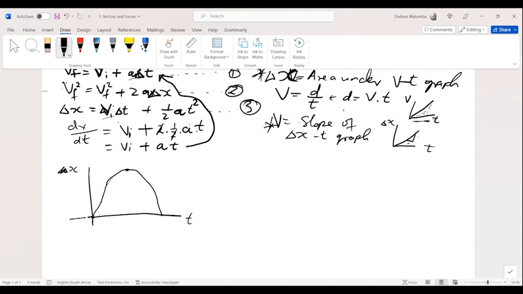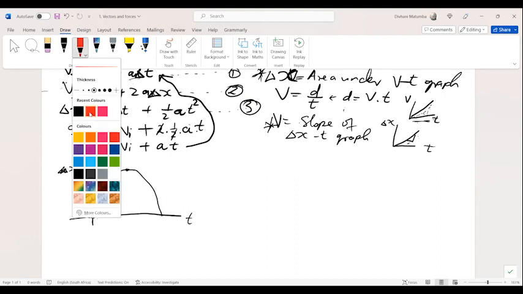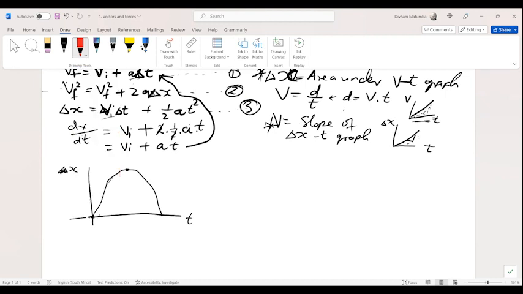As we have said, the slope of the displacement time graph is the velocity. If you throw an object upwards, where do we find the maximum velocities? In other words, where do we find the maximum slopes?